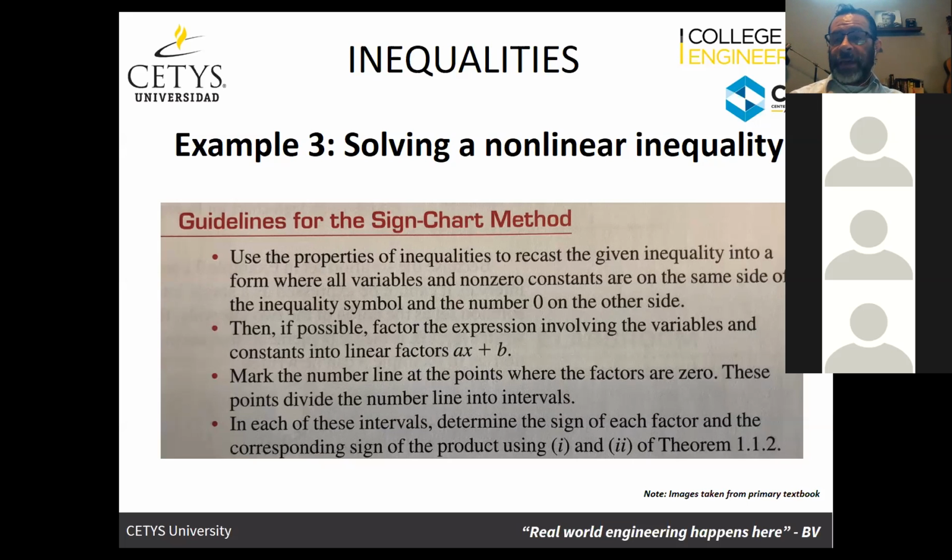Whenever that happens, we're dealing with nonlinear inequalities. There are different methods to solving nonlinear inequalities. We're going to see one here, which is called the sign chart method.